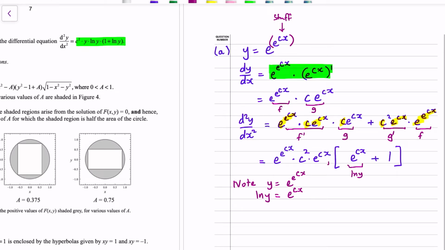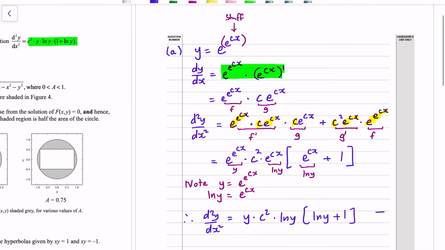This here is ln y. And this here is y. So therefore d squared y over dx squared equals y times c squared times ln y times (ln y plus 1). And we've proven it. Box, smiley face.